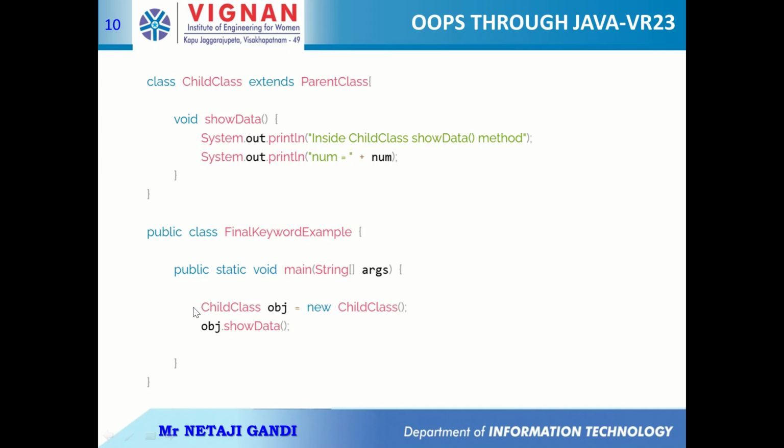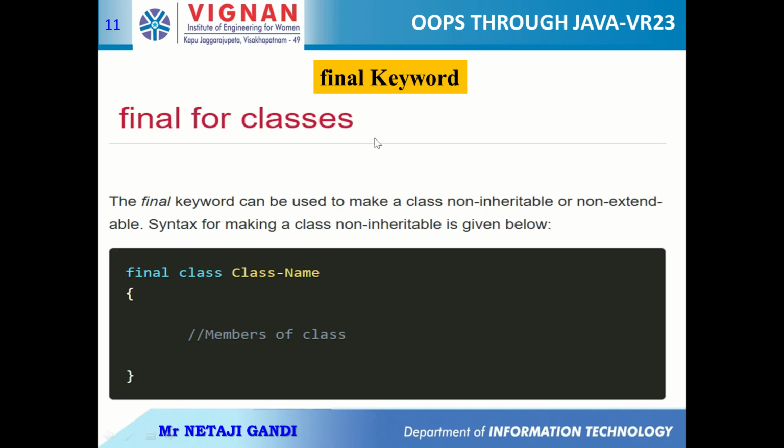So if you create an object for the child class, object dot show accesses only the show data method inside the child class, and the child class data, that is 10, is printed. Clear, all of you? Yes, sir.